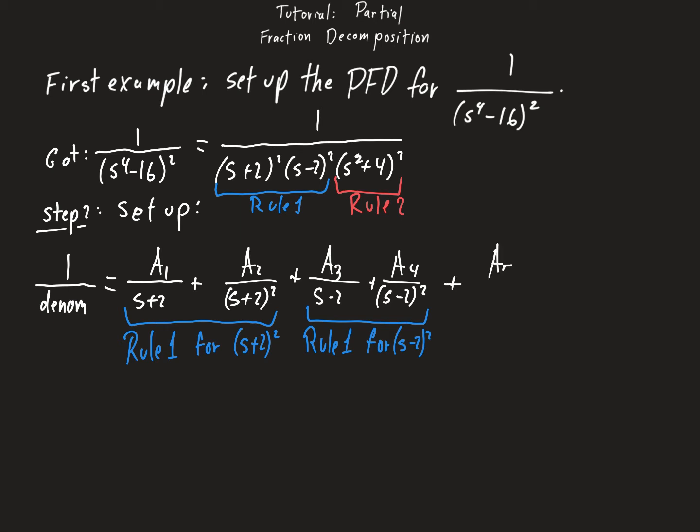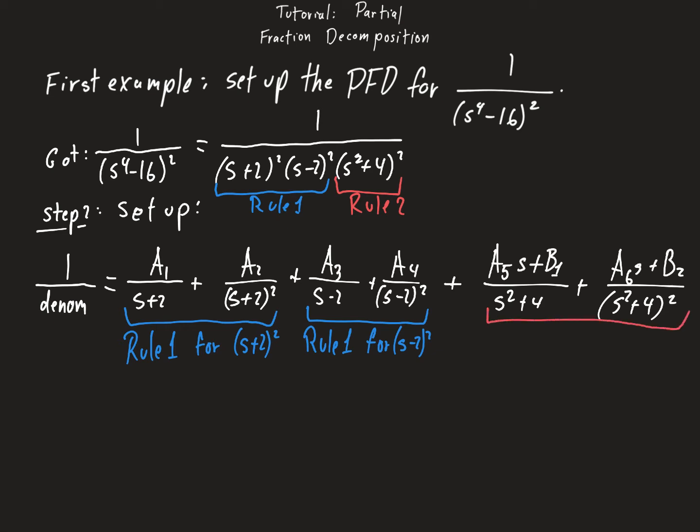We'll have a5 times s plus b1 over s squared plus 4, and then plus a6 times s plus b2 over s squared plus 4 squared. And these two terms come from rule 2 for s squared plus 4 squared.